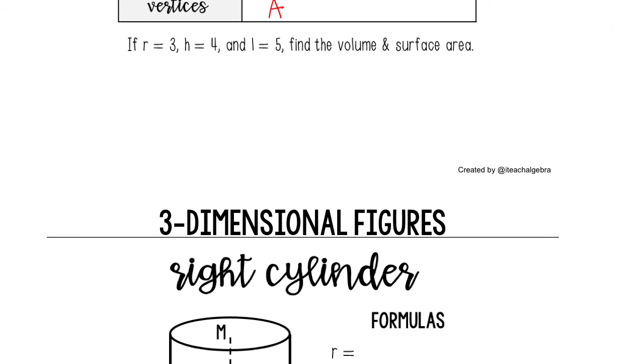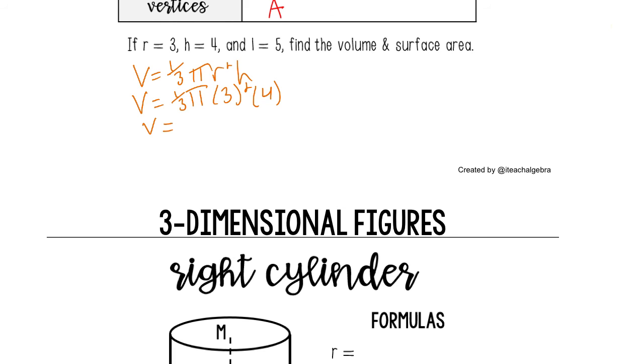If r equals 3, h equals 4, l equals 5, find the volume and surface area. The volume we said above is 1/3 pi r squared h. So that's 1/3 times pi times 3 squared times 4.